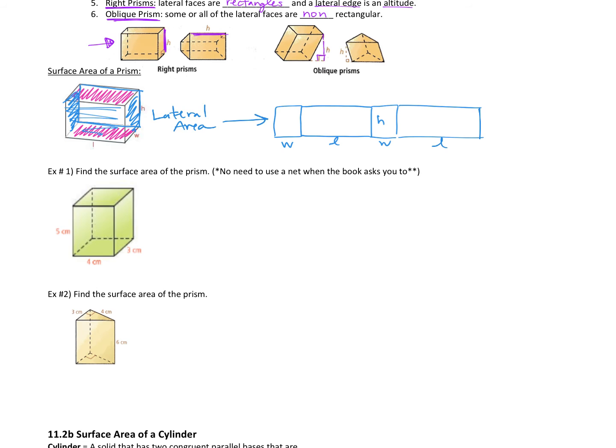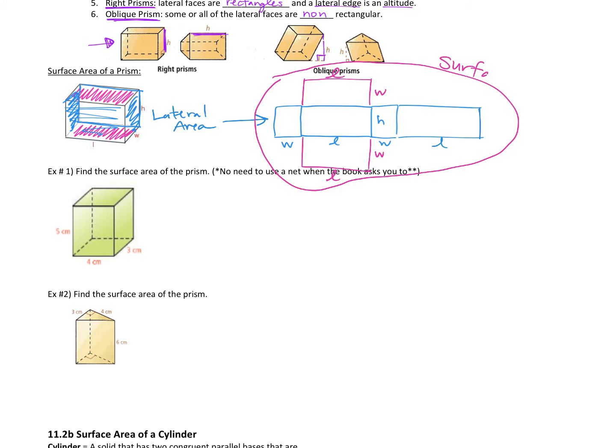When we add the pink parts in, so now I'm going to put one rectangle here and one rectangle here. Those rectangles are L by W and L by W. Now this whole thing is your surface area.